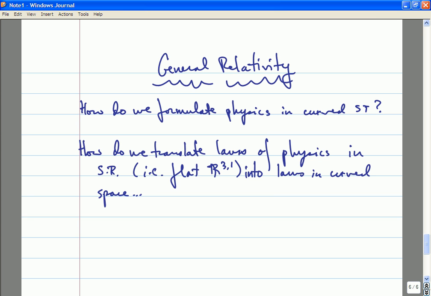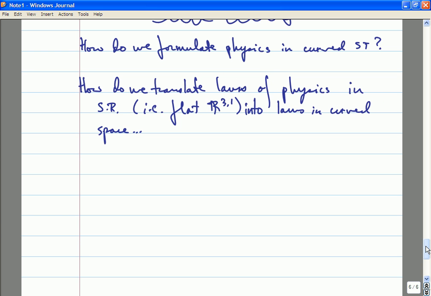But there's a principle that we will follow, and it is a principle that must be checked experimentally, and appears to be valid experimentally, but it's a principle rather than a theorem that is true mathematically. And this is known as the principle of minimal coupling, which is how we take a law of physics in special relativity and attempt to formulate it in curved spacetime.